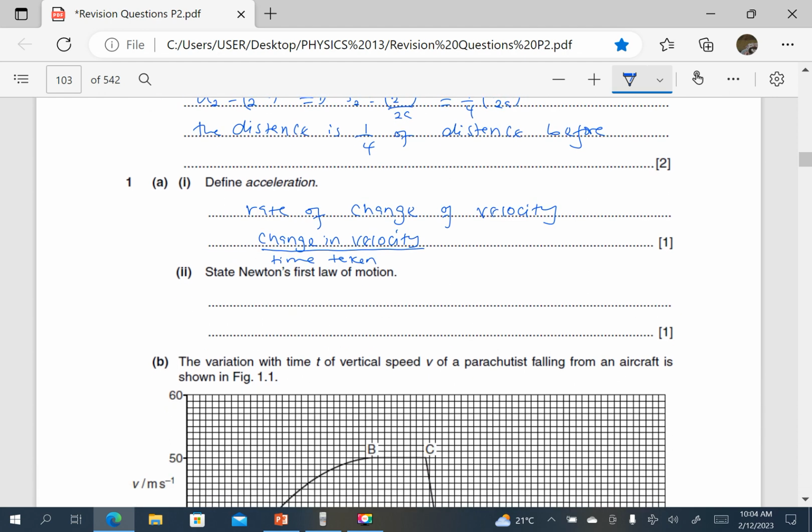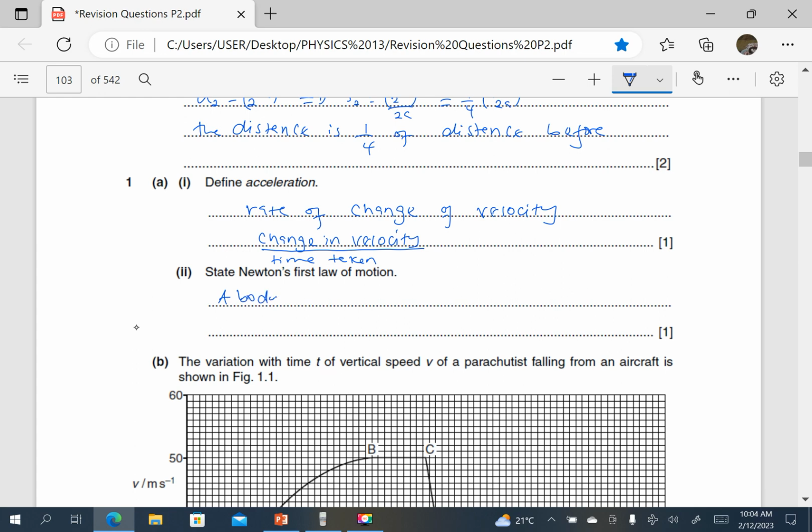State Newton's first law of motion. A body continues at constant velocity unless acted on by a resultant force.